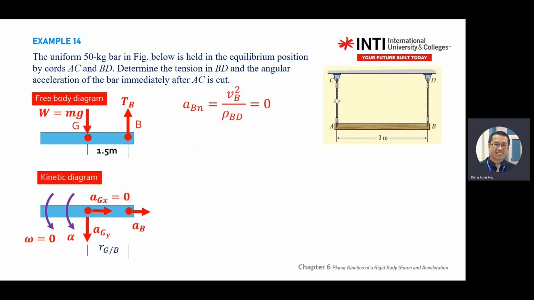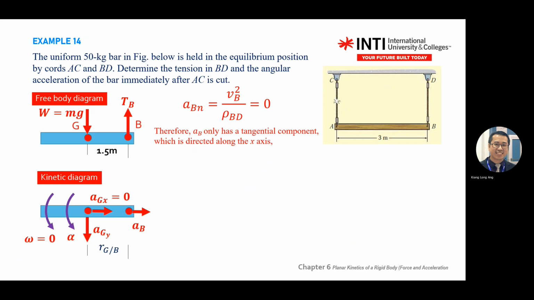So your acceleration at B will be v square over rho, which equals 0, right? It is 0 because AB only has a tangential component directed along the x-axis.